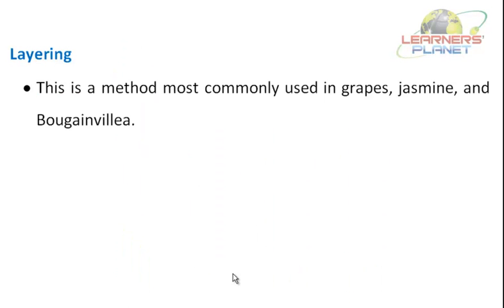Other than this, there is one more process called layering, one more method called layering. So this is a method which is most commonly used in grapes, jasmine and bougainvillea.